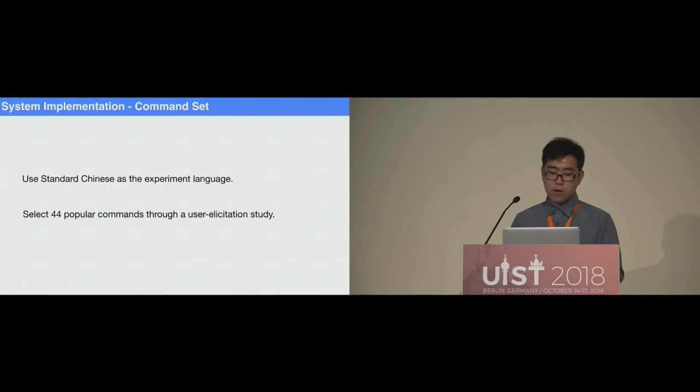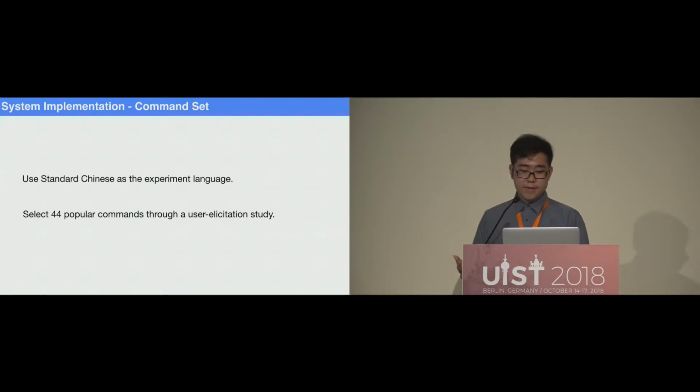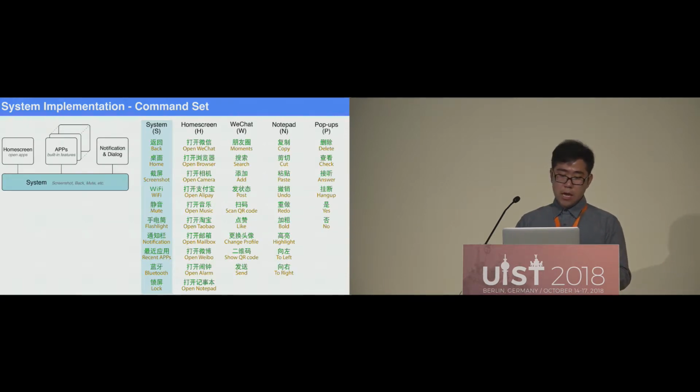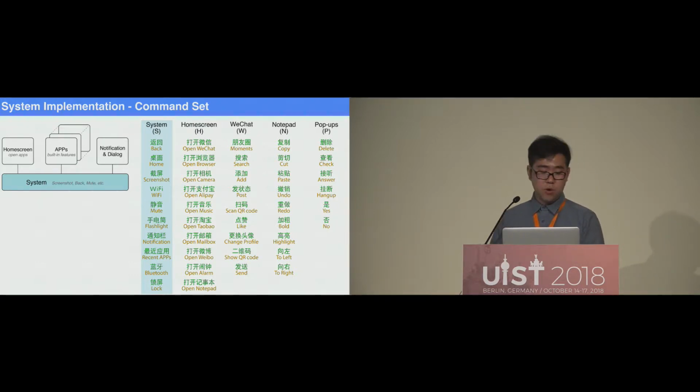In this work, we cannot cover all the functionalities on smartphone because of their large quantity, especially the built-in features in various apps. So to validate the feasibility of our system, we selected 44 typical commands through a user elicitation study. Based on the mechanism of context-aware functionality support, the 44 commands include 10 frequently used system settings.